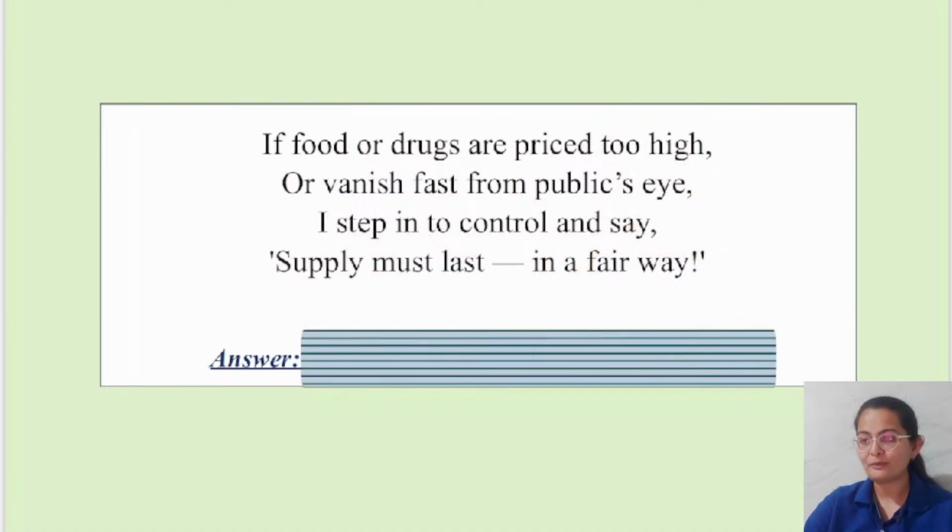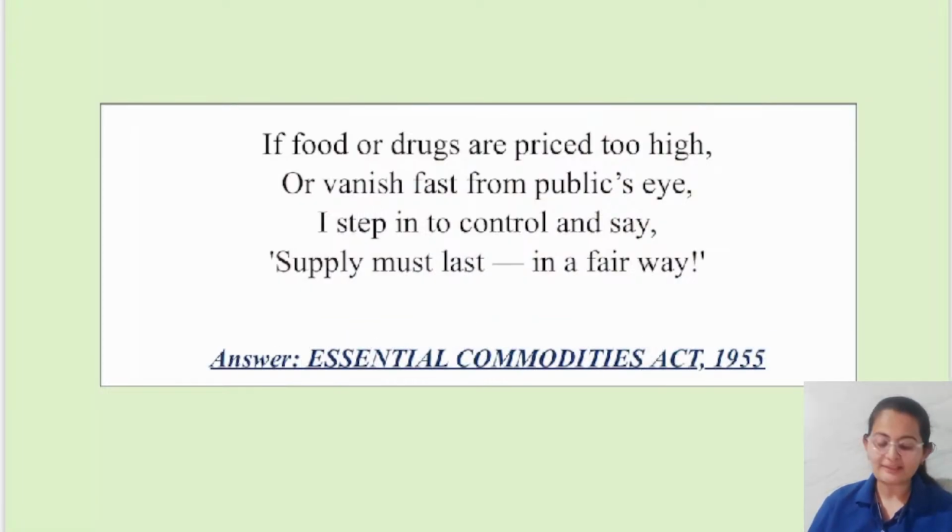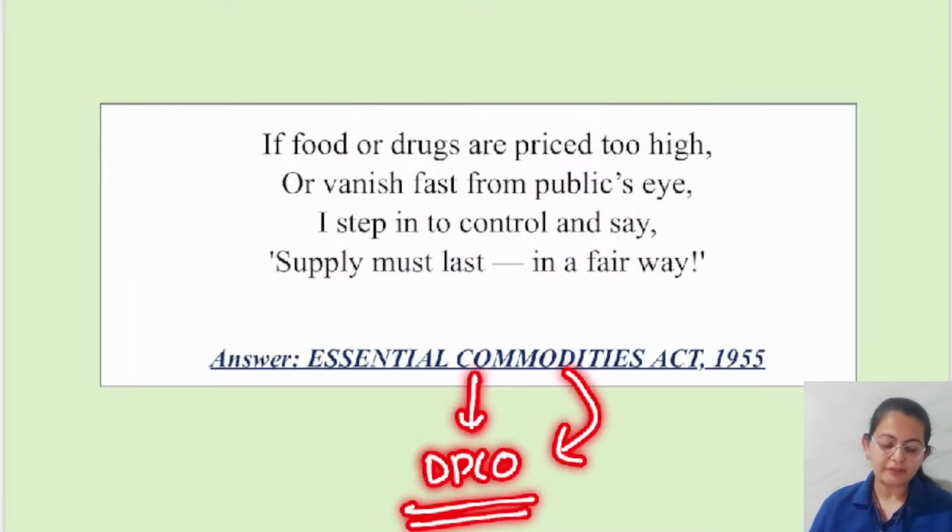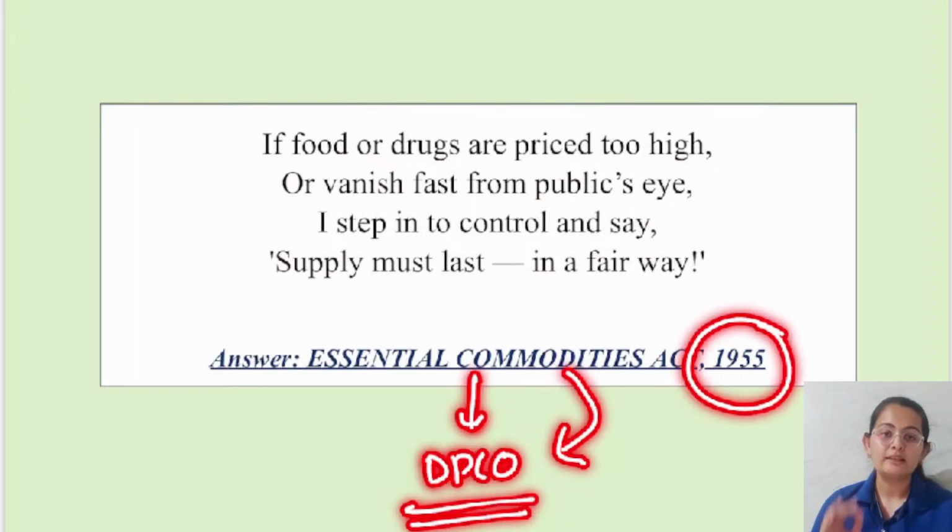No, not Drug Price Control Order. It is talking about the Essential Commodity Act of 1955. The Essential Commodity Act then got converted into DPCO. That is another story. You also remember the Essential Commodity Act year, that is 1955. This was the first act which controlled the prices of the drug, and then it was converted into DPCO, which also controlled the prices of food.